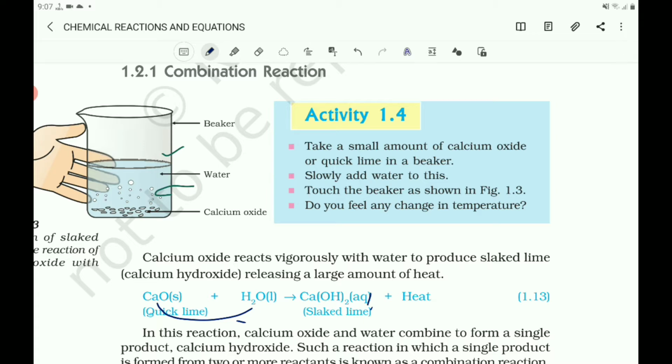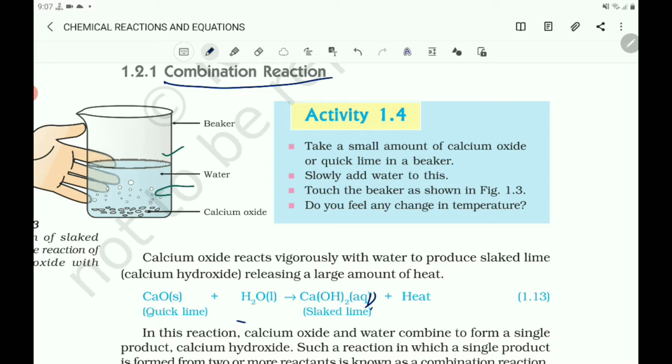Calcium oxide reacts with water to produce slaked lime. That is, calcium oxide and water combine to form a single product. Here there is a formation of only one product, and two substances combine to form one single product. This type of reaction is called combination reaction.